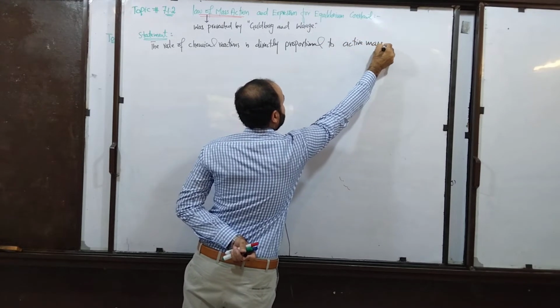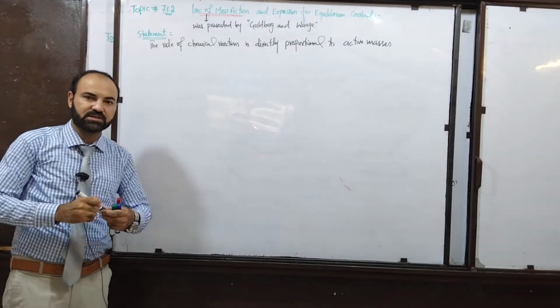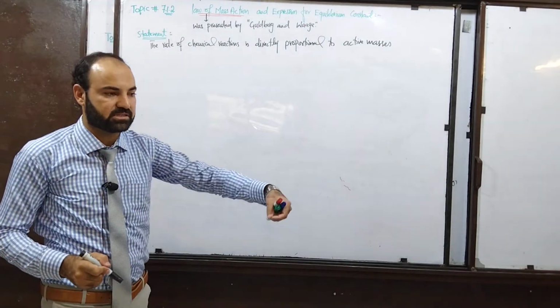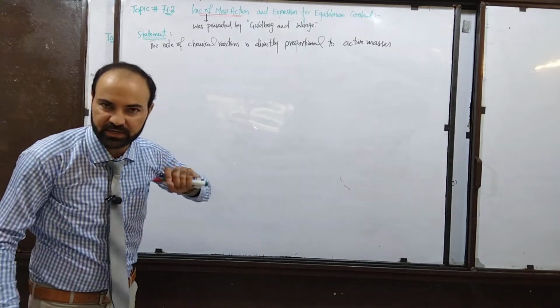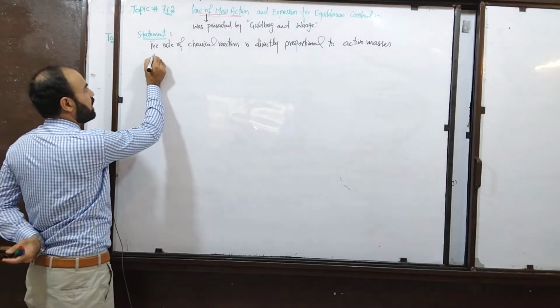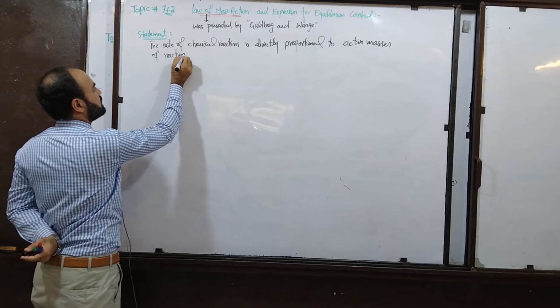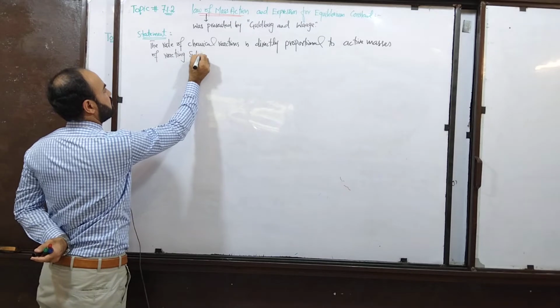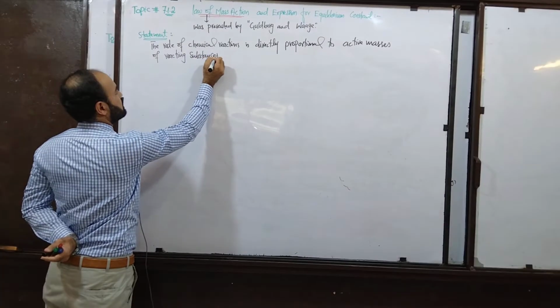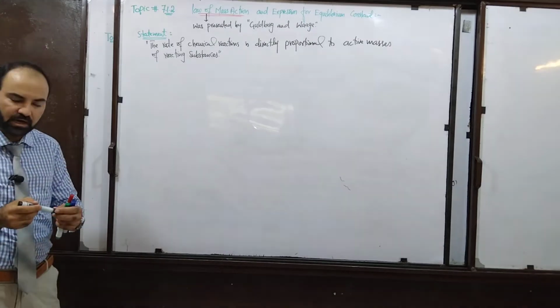What are active masses? Active mass is basically the molar concentration of the reacting substances which are involved in the chemical reaction. That is the statement of this law.